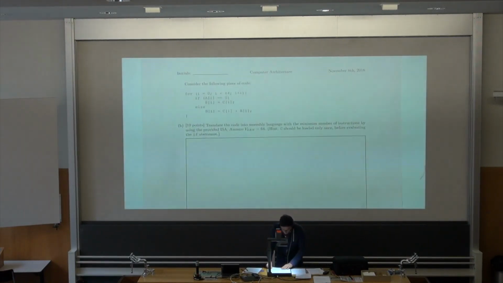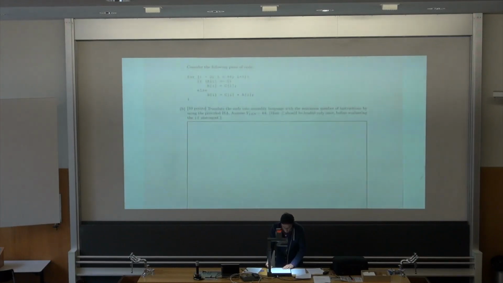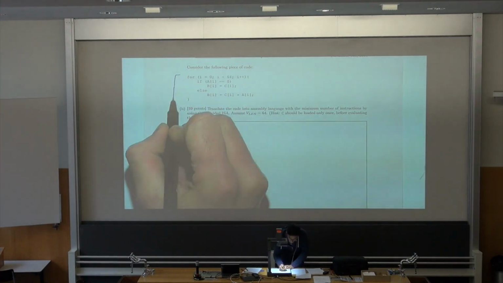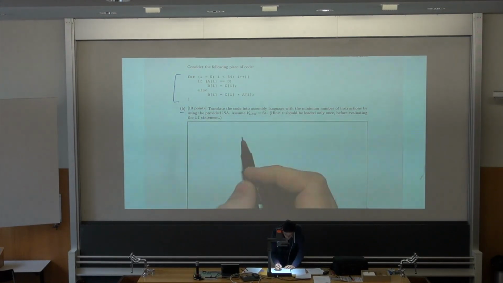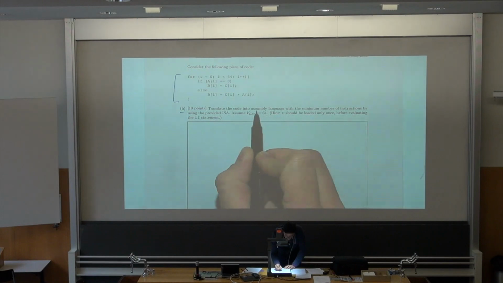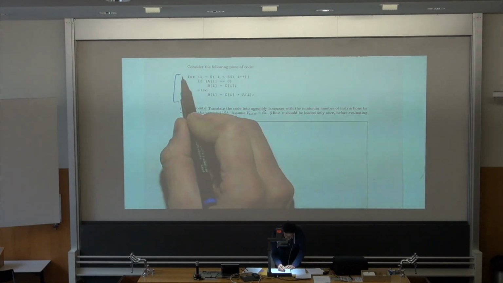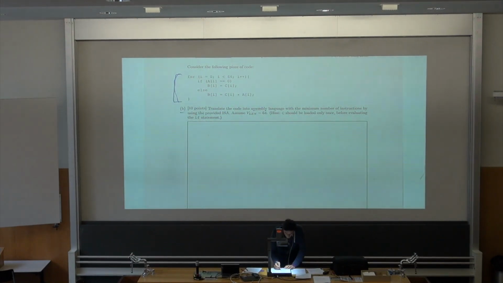Now let's go to probably the most interesting part of the question, the rest of this question. We are given a piece of code, as you can see here, and part B asks to write the assembly code to implement it.